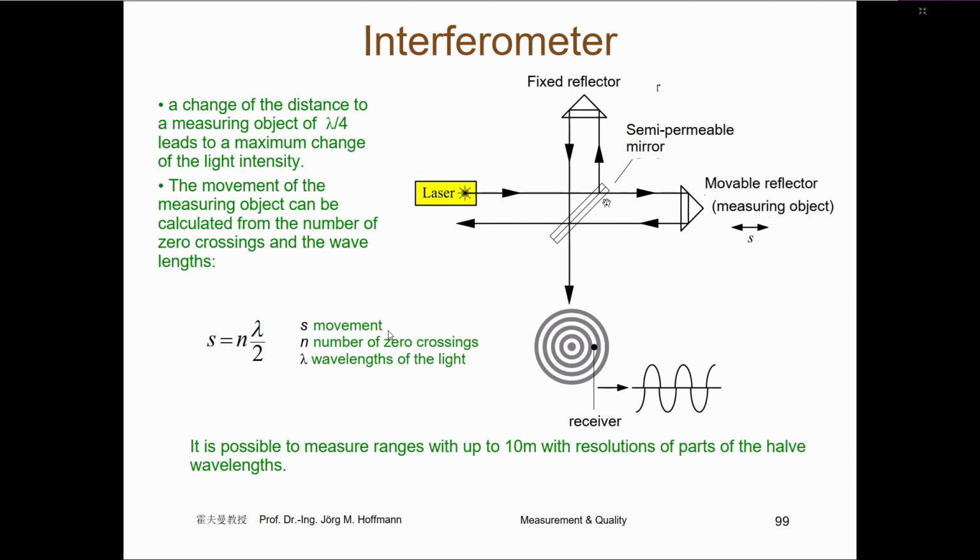When you now have the same, but this reflector can move, then you get a phase shift between this part of the beam and this part of the beam.